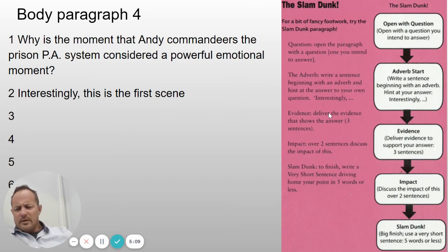And, for example, we might have, this is the first scene that Andy Dufresne actively defies the authority of the prison hierarchy and the prison warden and the guards. Well, it's at least the first time that we're aware of it. Yes, he buys a rock hammer, but that stuff is sort of furtive and behind the scenes. This is in the guards' faces.